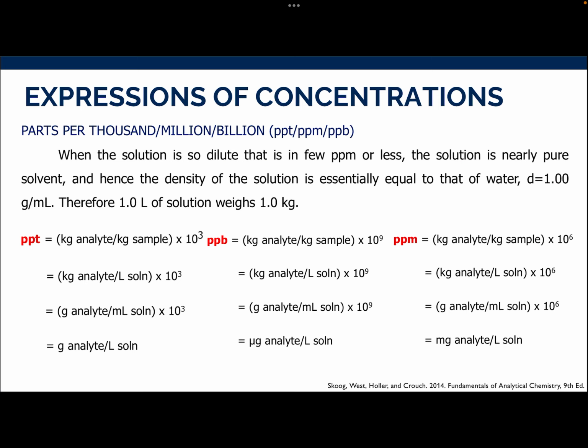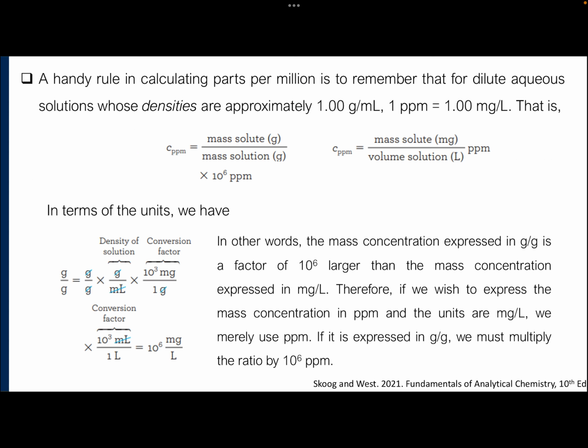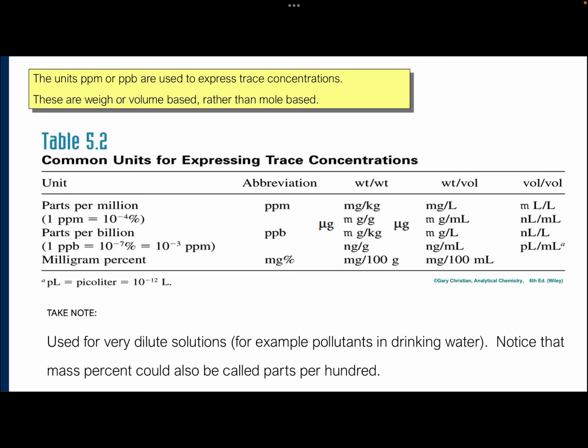Okay. So ppm can also be equated to mg per liter. For ppb, we have microgram per liter. And then we have ppt, gram per liter. Again, they are similar.